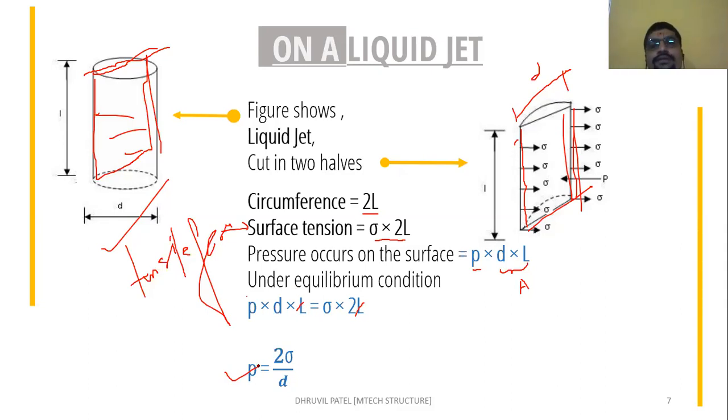So these are the three general examples for calculating the surface tension. Like this, you can also calculate the surface tension for different shapes and different kinds of material. The base is that the tensile force always acts on the circumference portion of the cut portion, and the internal pressure occurs on the internal surface area.